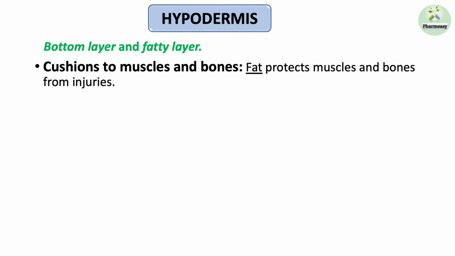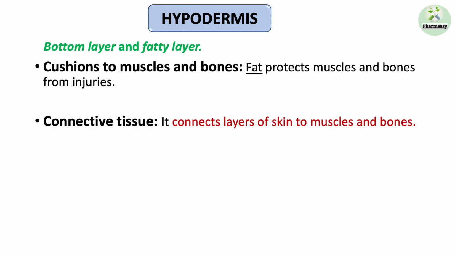Last layer is hypodermis. It is also known as bottom layer or fatty layer. Hypodermis acts as cushions because fat protects muscles and bones from injuries. Connective tissues are also present for connecting the layers of skin to muscles and bones.